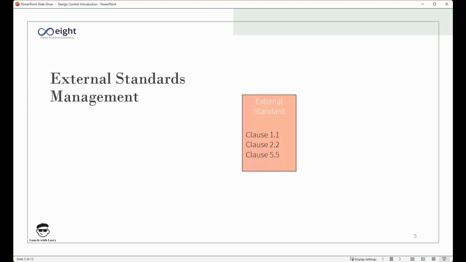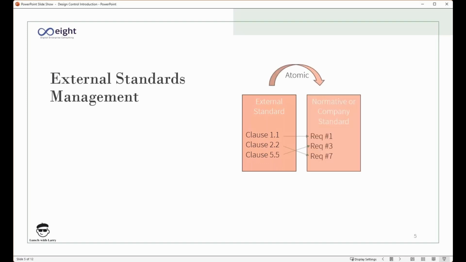So each one of these standards has clauses that we need to be compliant with. Well, one of the problems that you run into is those clauses, or those different standards, step on one another. So I might have a clause in two standards that put the same requirement for sterilization, and what we need to be able to do is process that in a way that explains how the different clauses in the different standards are going to be realized in the product type that we're going to be building.